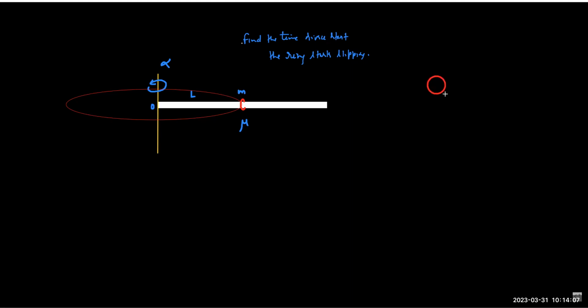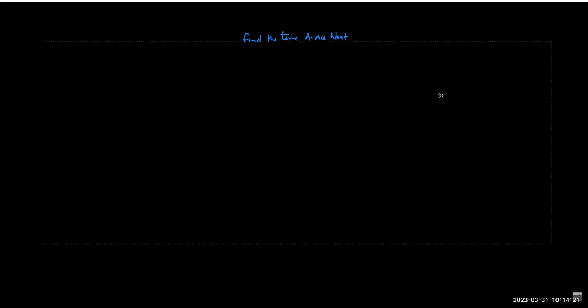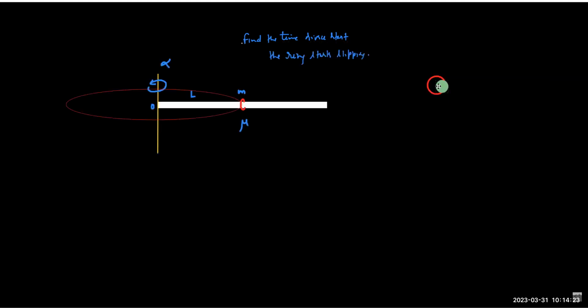This is a ring, and the rod is not touching at the top, it is touching somewhere there. Do you realize this? It is going to touch like this. You know why? Because there are two forces, one is mg and one is the acceleration of the rod.